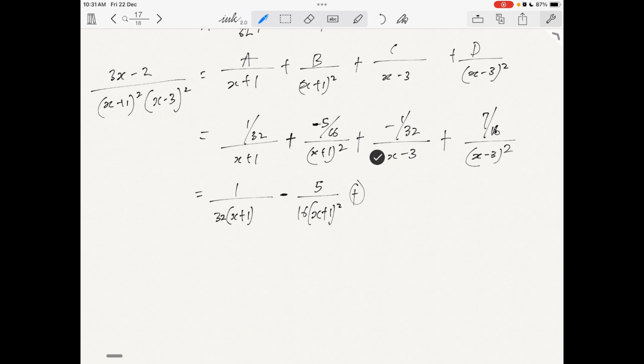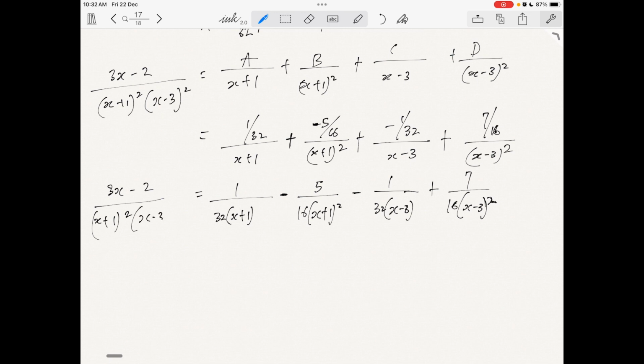And same thing happens here, so it will be minus 1 over 32 into x minus 3, plus 7 over 16 into x minus 3 squared. Now, here is what we have: 3x minus 2 over x plus 1 squared and x minus 3 squared. This is the solution to the problem.